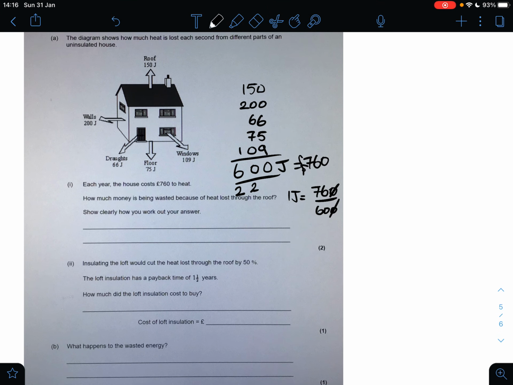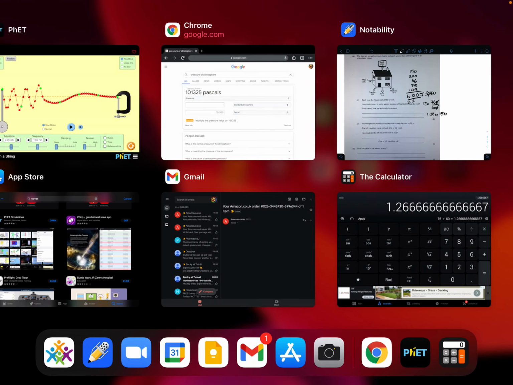So 1 joule will cost me £1.26. And the roof has 150 of them. So I times it by 150. So 1.26 times 150.